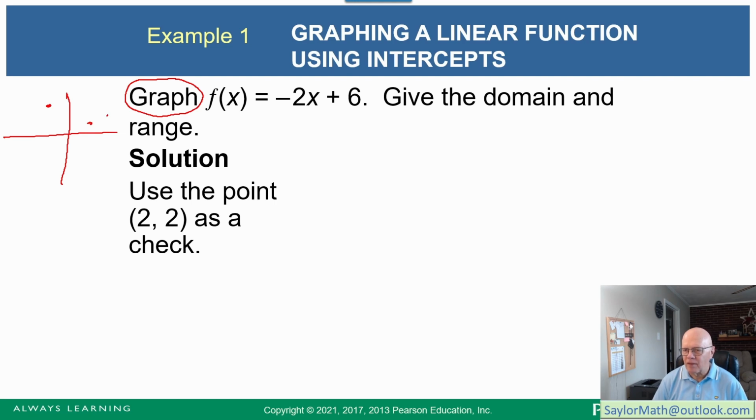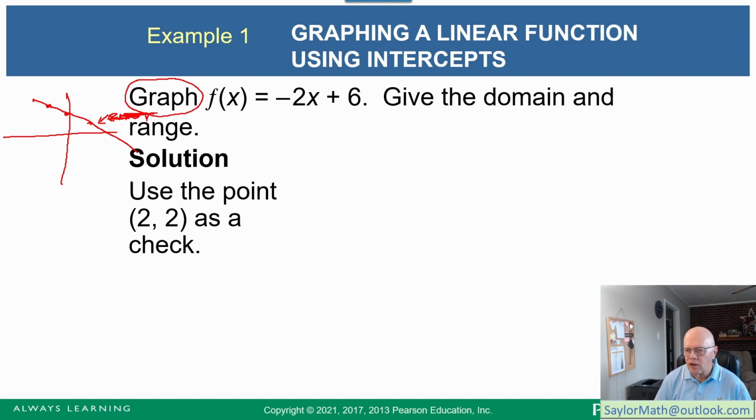For example, if this one is in error, then this is correct, but you don't know where the line goes from there. So the best bet is to find the third point. If that third point is on the line, you're in good shape. Draw that straight line, and you've got your graph.